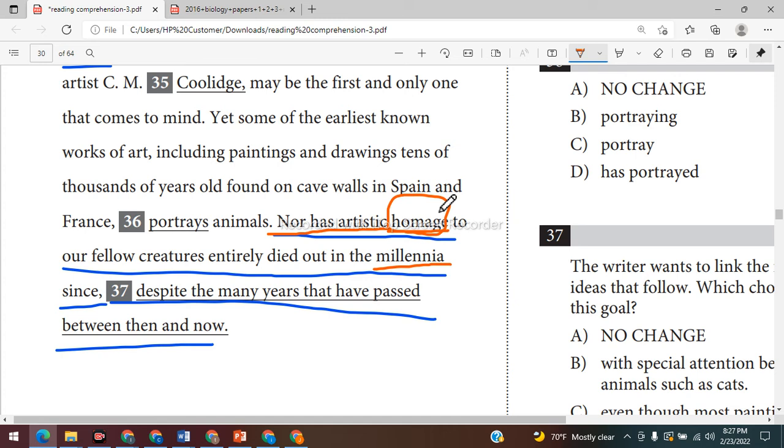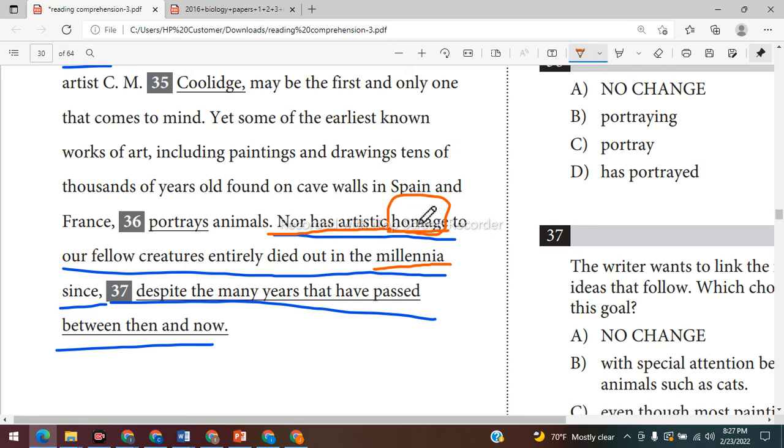Homage means worship, esteem, respect. In this case, artistic homage means noticing the animals in our paintings in a grand, respectful way.